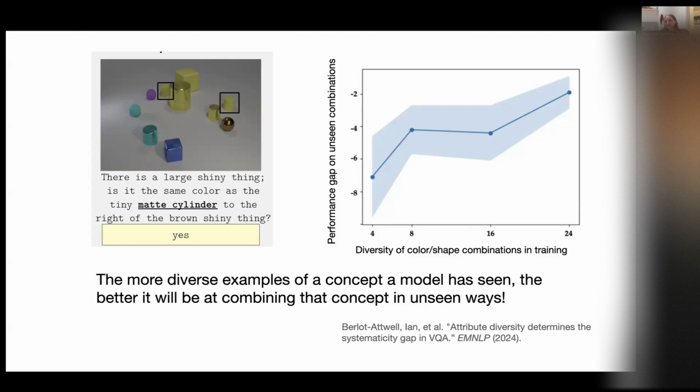Maybe it's never seen a purple cylinder, but if it's seen enough purple things and enough cylinders, all with different shapes and colors, then it will know how to combine the concept of purple with the concept of cylinder, even if it's never seen one before. So, this is a general rule that when you have seen things in diverse contexts, the model is going to be able to apply that concept more broadly.